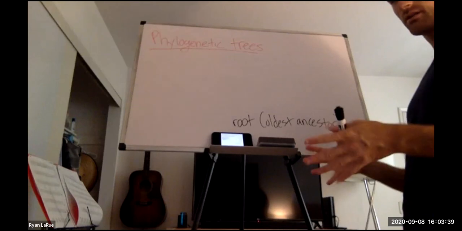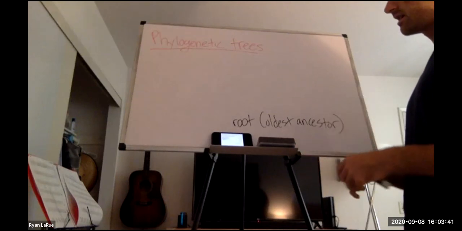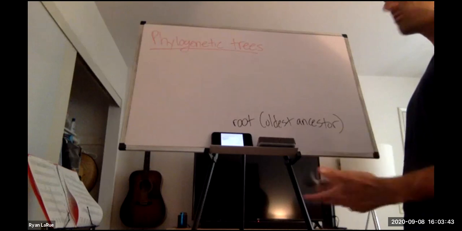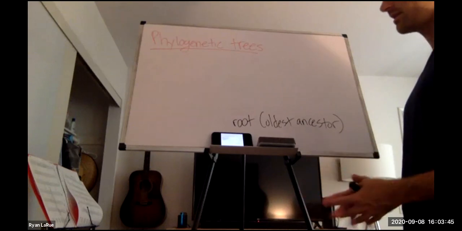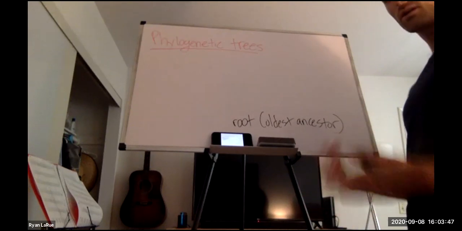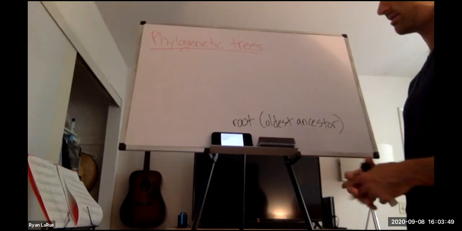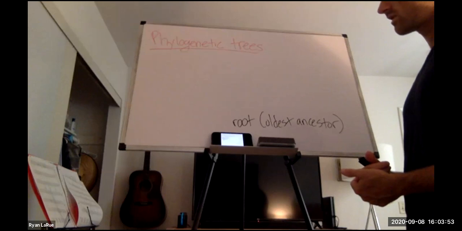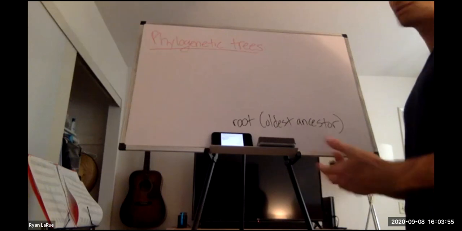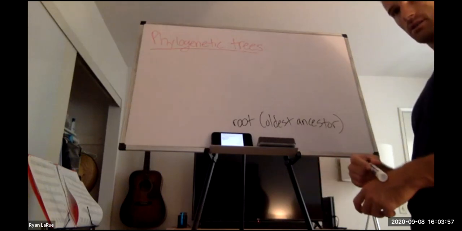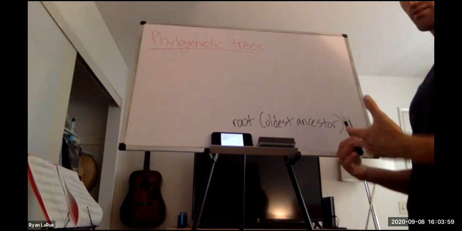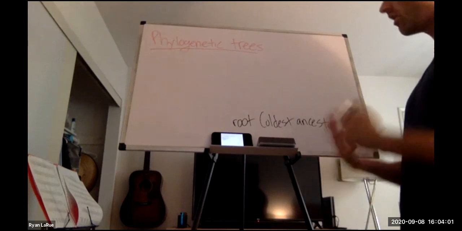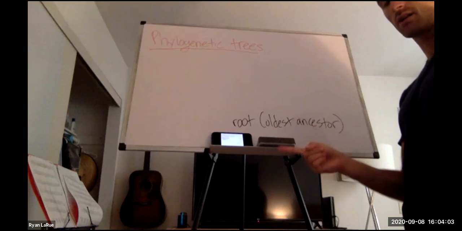So, right, it's a tree of life, and I mentioned when we looked at cell theory that we're all composed of cells. All life is created of cells, and all cells come from cells before it. So what that means is that all life began as one cell.